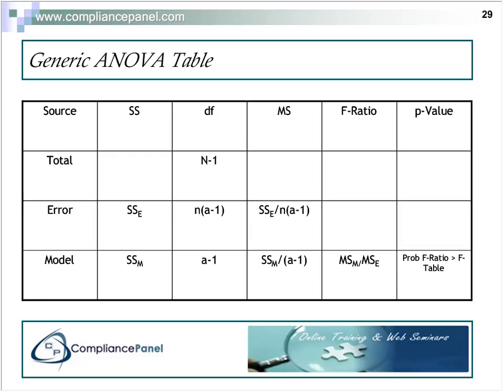And you go to an F table and you compare what you get as your F ratio to the table value, you compare it to what you observe, and if it's bigger, you call that statistically different. And let's take a look at what that would mean in a real live ANOVA.